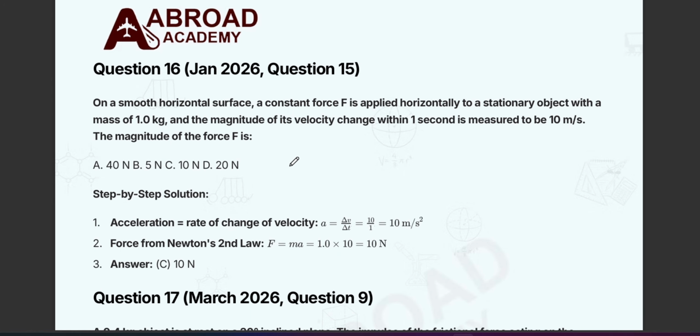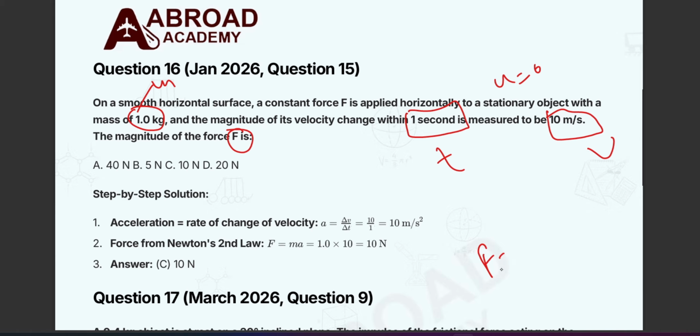Here's another question from January 2026. On a smooth horizontal surface, a constant force F is applied horizontally to a stationary object, so u is 0. The object has a mass of 1 kg, m is given, and the magnitude of its velocity change in 1 second is measured to be 10 meters per second. So here's v, here's t. Now we have to find the magnitude of the force F. We know the formula F equals ma, but a is missing, so we have to find a first.